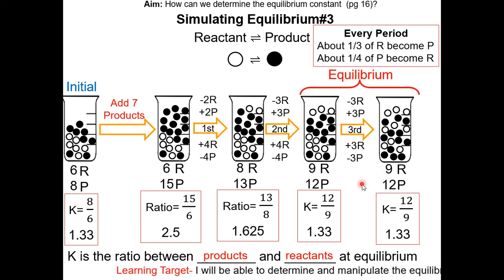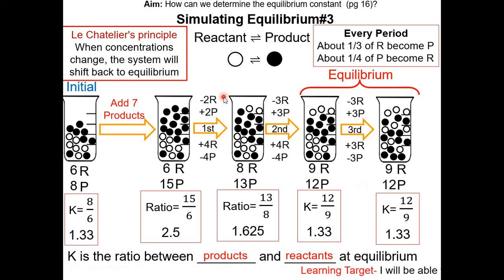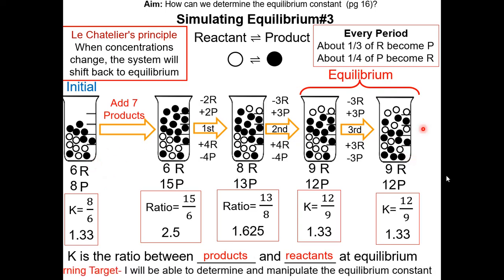This shows that changing the concentrations does not affect the equilibrium constant K. This simulation also demonstrates Le Chatelier's principle. When concentration changes, the system will shift back to equilibrium. Since we added 7 products to a reaction at equilibrium, the system responded by making more reactant, which happened. It went from 6 reactants to 9.